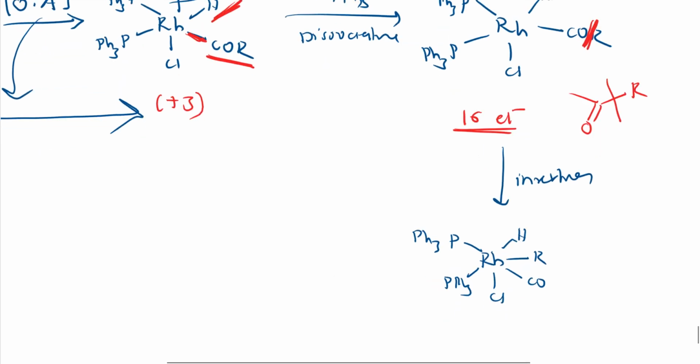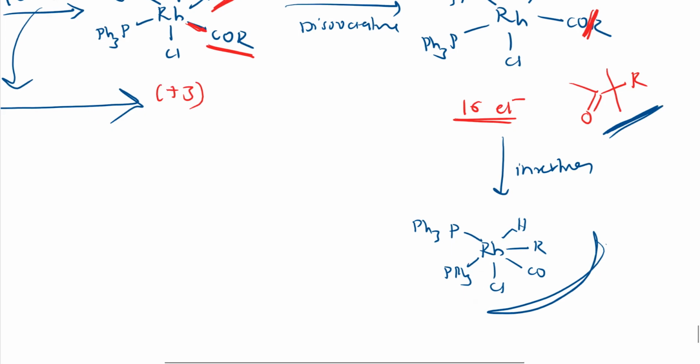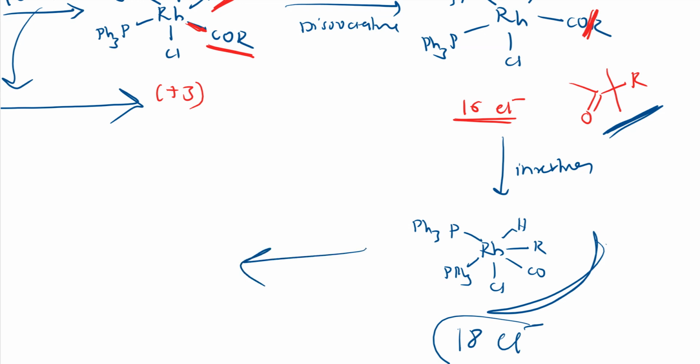Here the COR carbon-R bond is broken and we got this. If you count here, it will have 18 electrons. Further, it is simply reductive elimination, such that an R-H bond is formed and other things remain as they are.